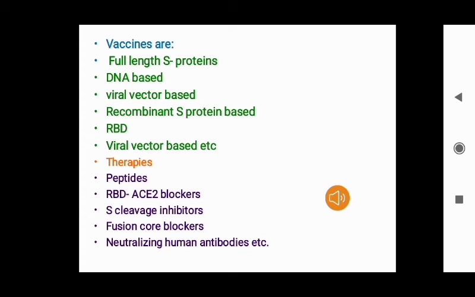If the vaccines are full-length S proteins, these induce effective neutralizing antibody and T cell responses as well as protective immunity. But the disadvantage of this vaccine is that it might induce a harmful immune response that causes liver damage. Next one is DNA based.